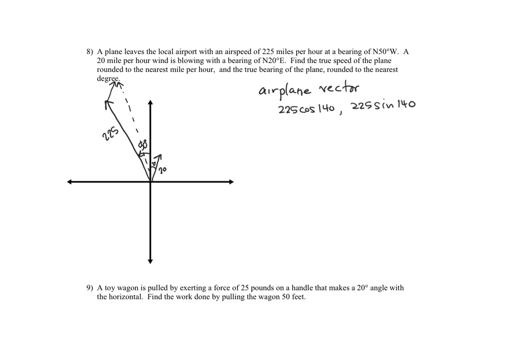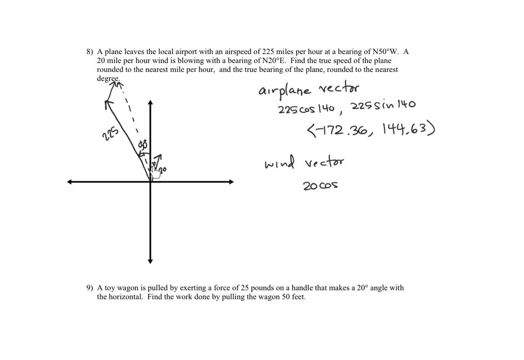So we get negative 172.36 comma 144.63. We get the wind vector. The horizontal component is going to be the magnitude times the cosine of the direction.